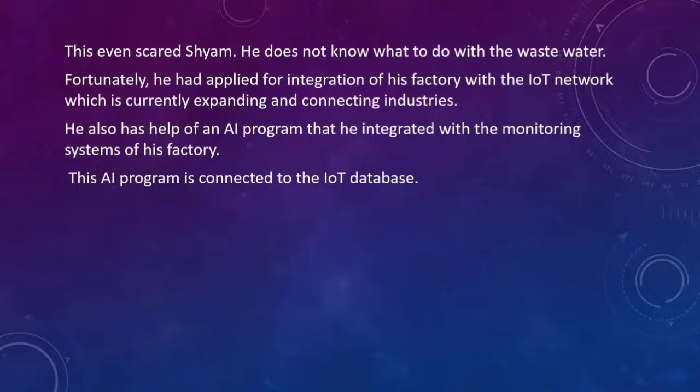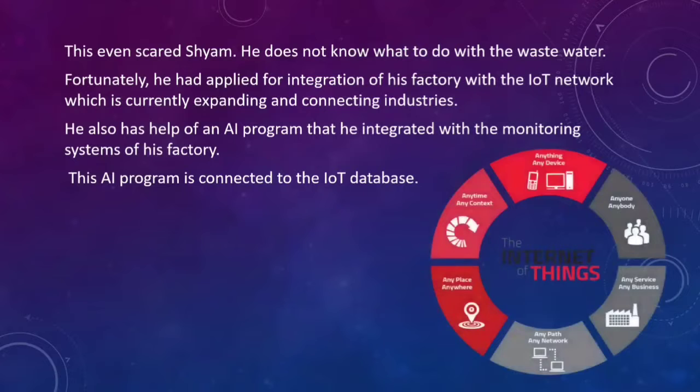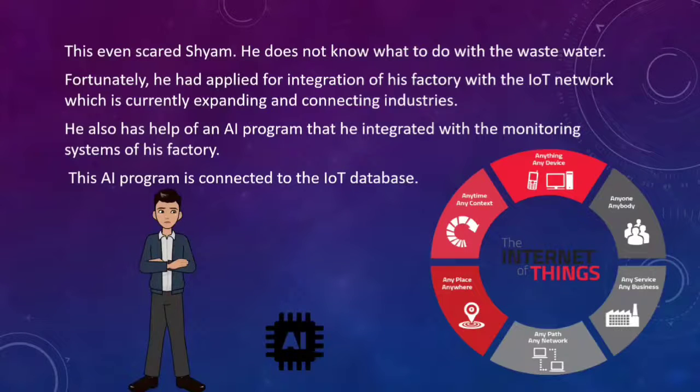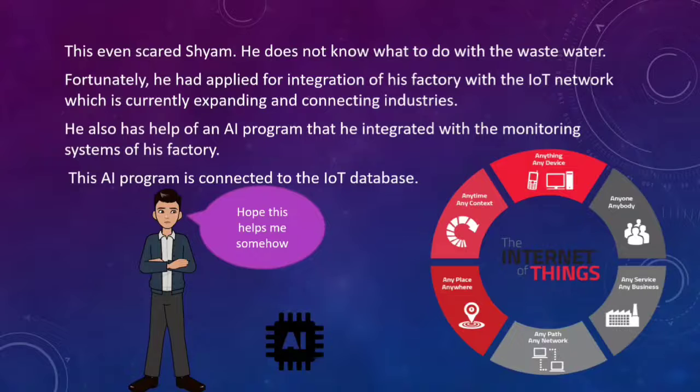This even scared Sham. He does not know what to do with the wastewater. Fortunately, he had applied for integration of his factory with the IoT network, which is currently expanding and connecting industries. He also has the help of an AI program that he integrated with the monitoring systems of his factory. This AI program is connected to the IoT database.